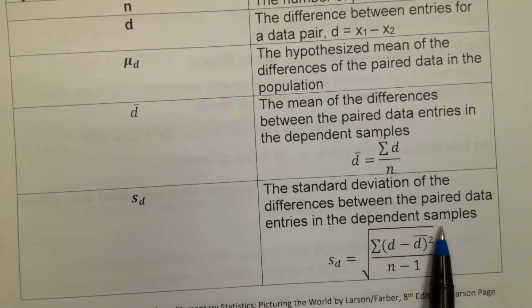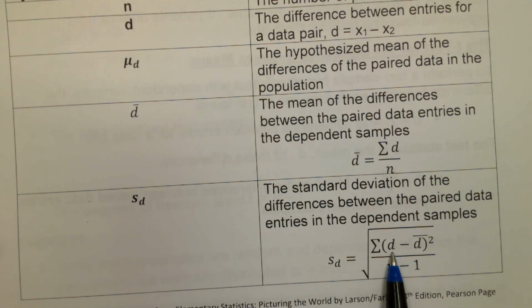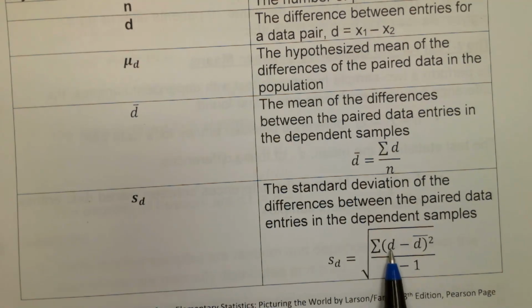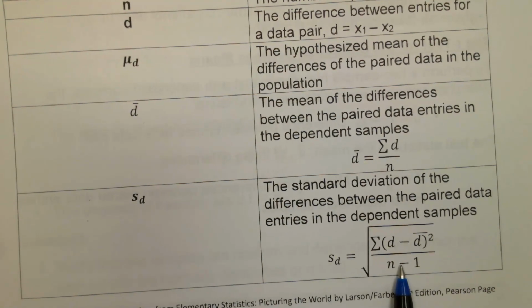So this is the square root of the sum of our difference minus our mean, squared. So we're going to take our difference minus the mean, square it. I'm going to take all those, then divide by our degrees of freedom, n minus 1.